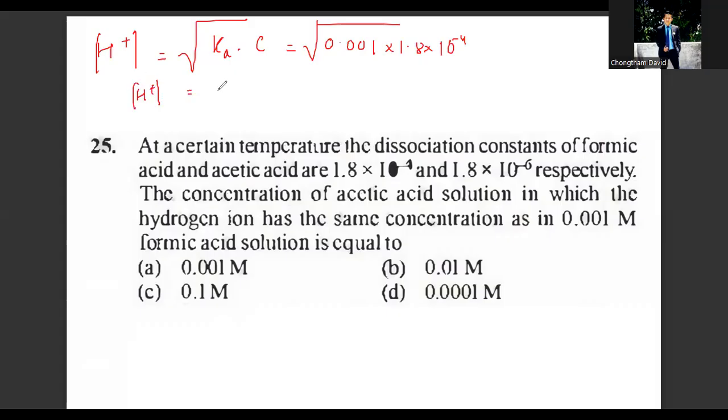And for acetic acid, let us keep the concentration as C2 into 1.8 into 10 to the power minus 5. This is for formic acid, and this is for acetic acid. So equating and solving, we have to find C2.